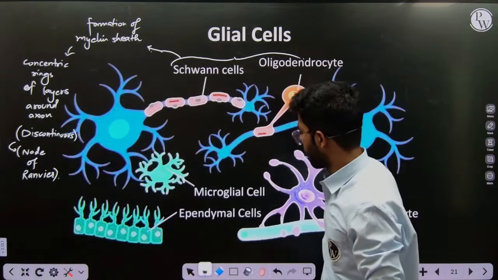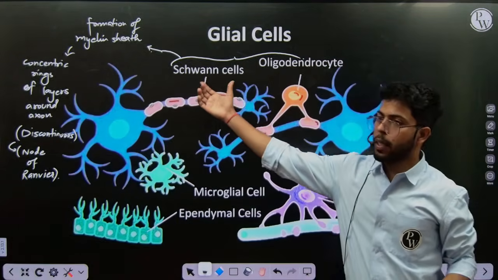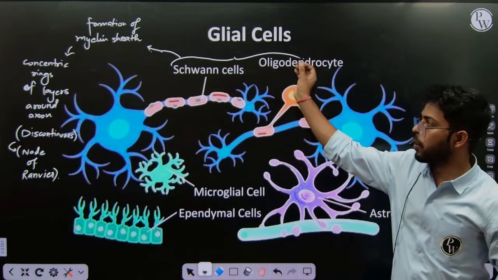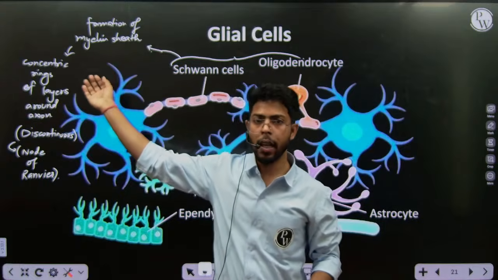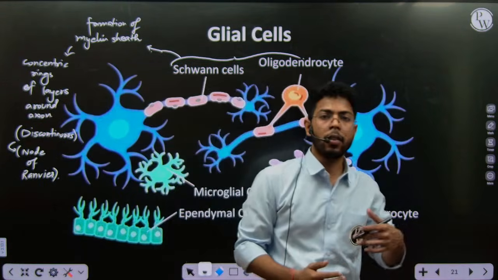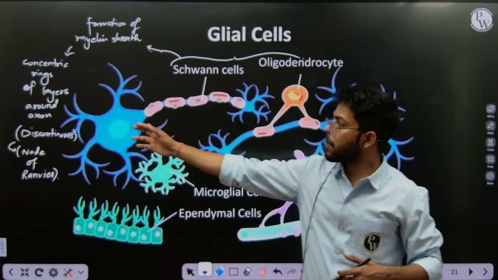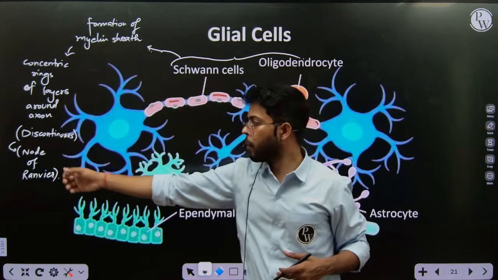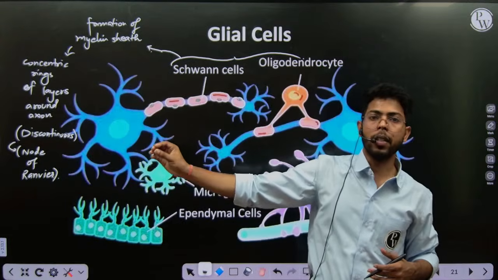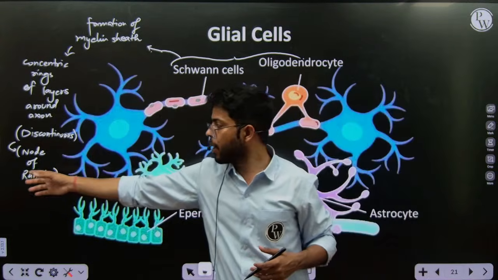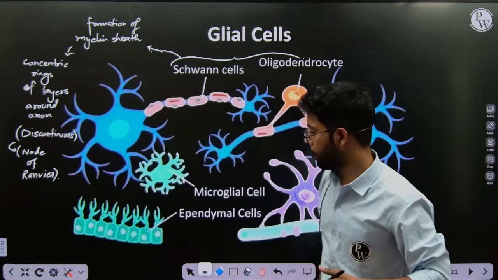Schwann cells and the oligodendrocytes, both cells are responsible for the formation of myelin sheath. Myelin sheath are the concentric rings of layers present around the axon part, and it is discontinuous in nature, and where there is an absence of this myelin sheath, we can say this is the node of Ranvier.